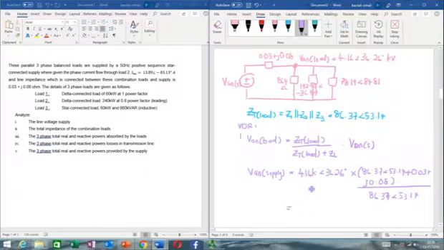Right, so the answer is, why is it so big? 359.3 angle 89.4 kV. Let me check again.